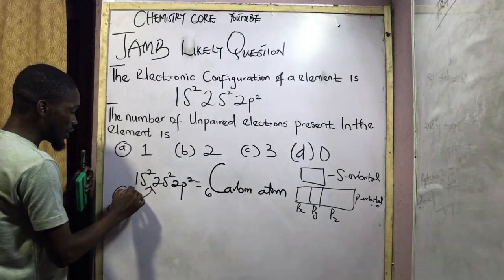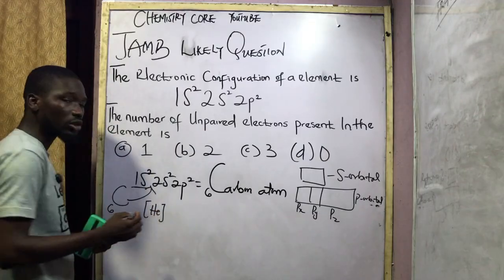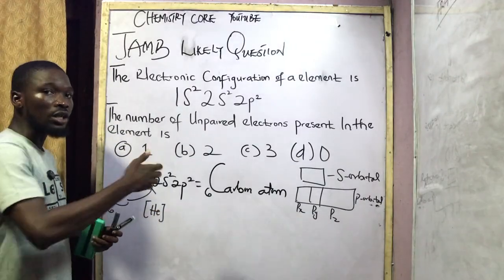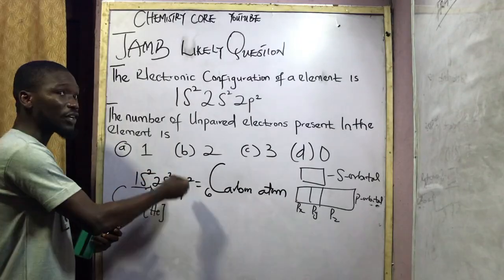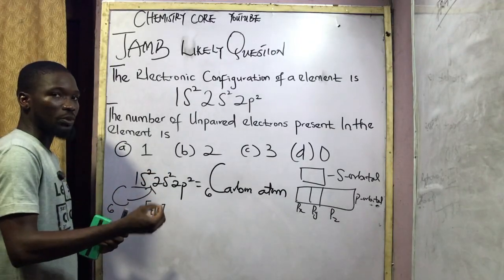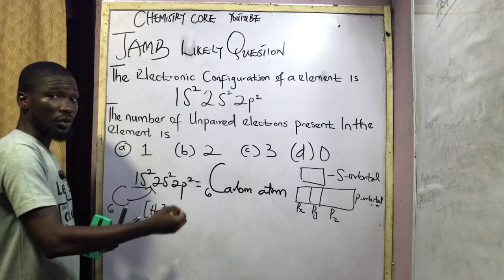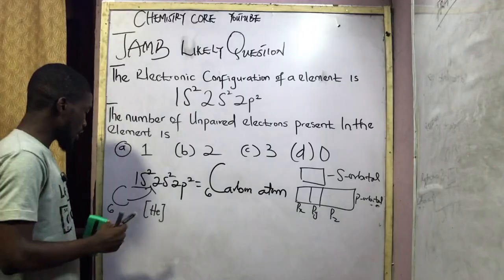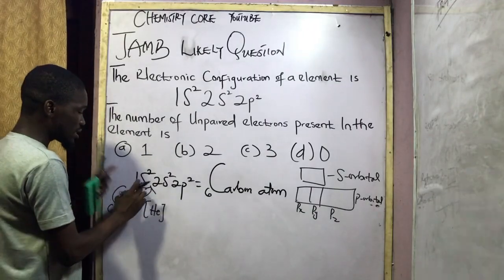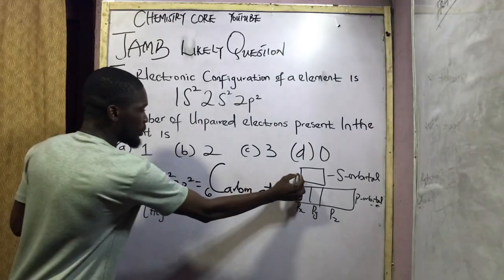The first thing you have here, which is 1s2, takes the position of what we call the helium core under hybridization. If you are just coming across my video, check my YouTube catalog. I've dropped a full video on how you can understand the concept of hybridization. So guys, 1s2 is the helium core, while the 2s we will picture like this.